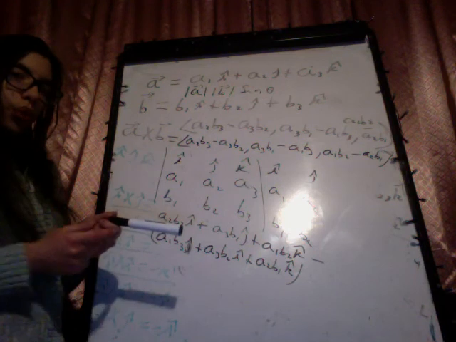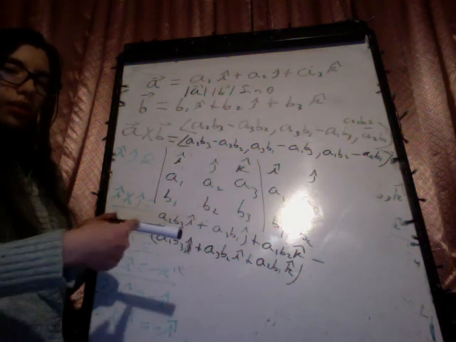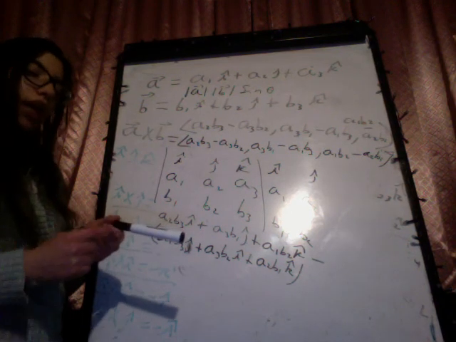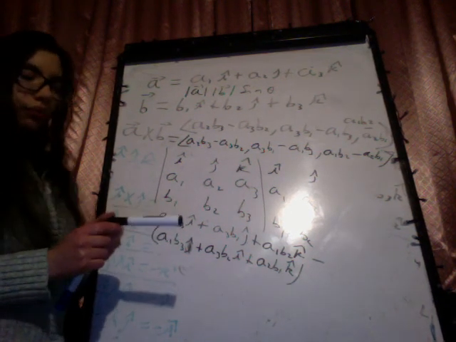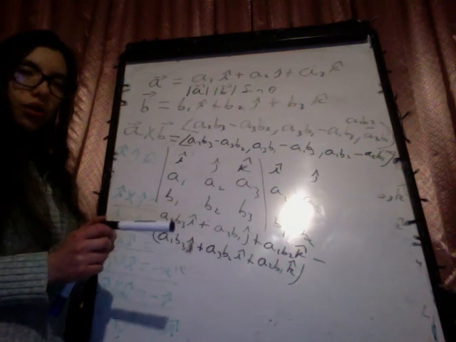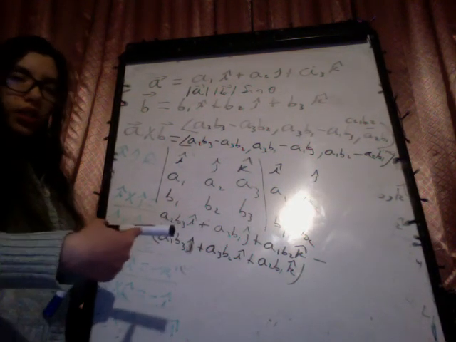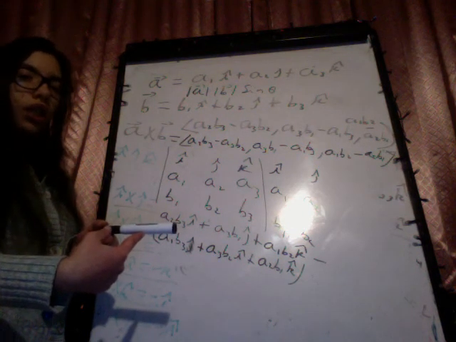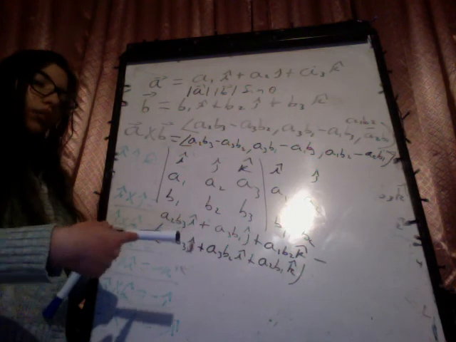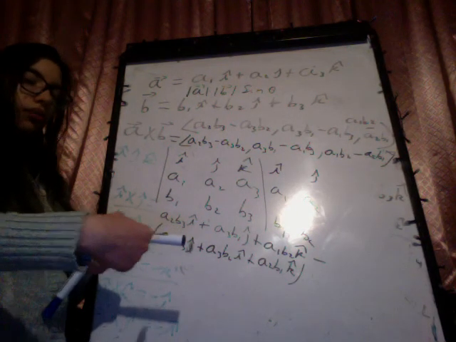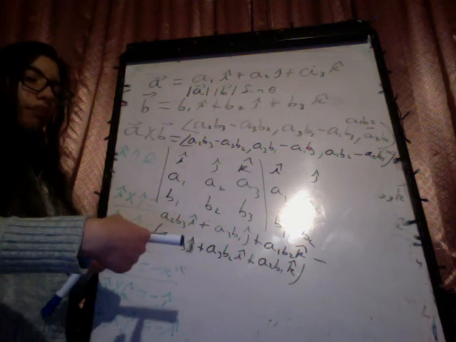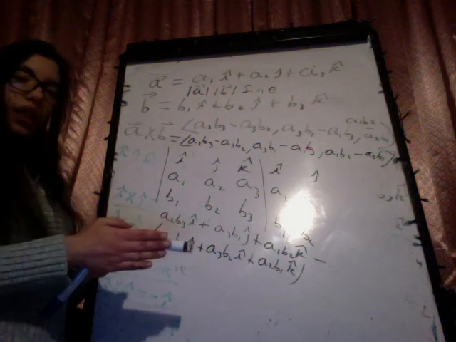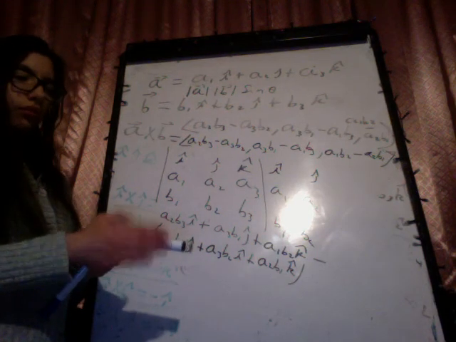The cross product of this vector and the force vector is the magnitude of this times the magnitude of the force vector times the sine of the angle between them. Obviously, the greatest torque is when the angle is 90 degrees, because the maximum of sine theta is at 90 degrees, that's 1. So the maximum is when the force vector is perpendicular to this vector, and when it is parallel, you are not doing any torque.